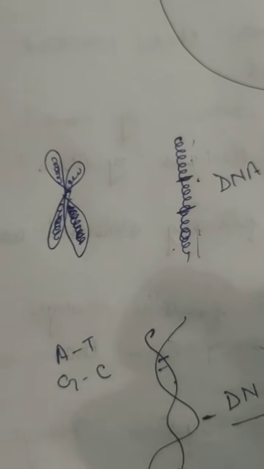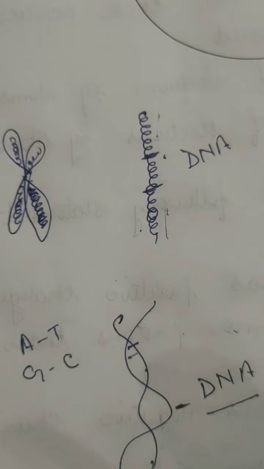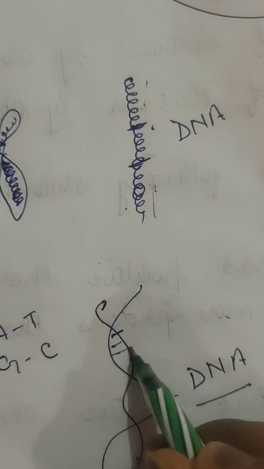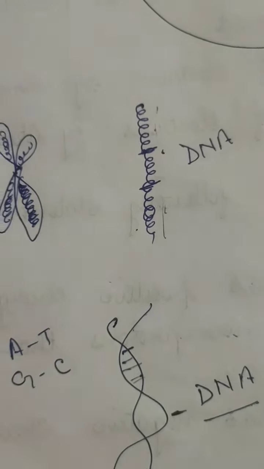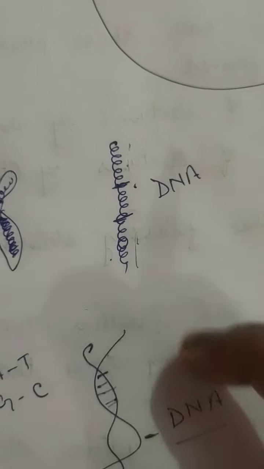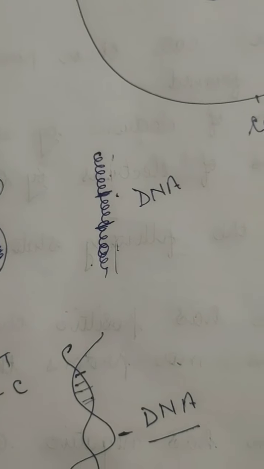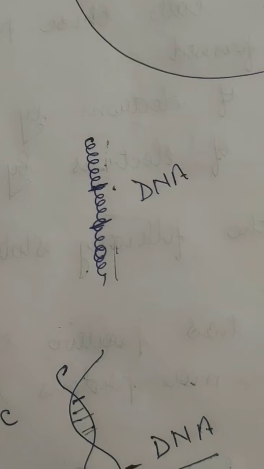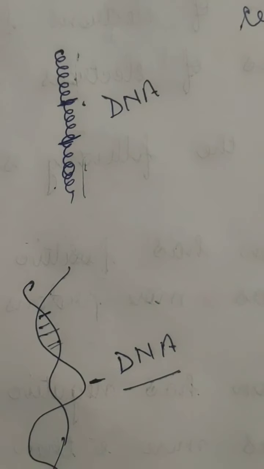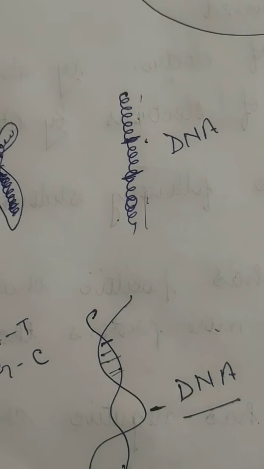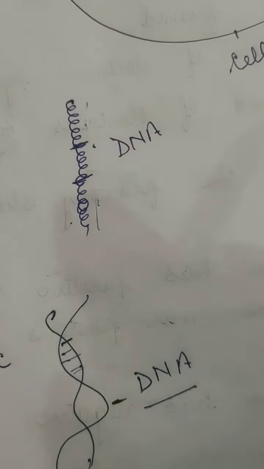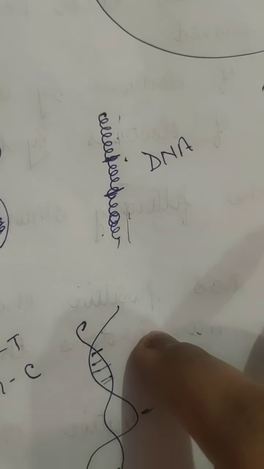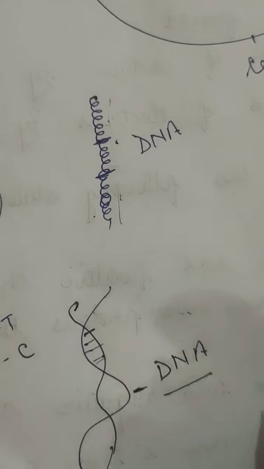So there is a pairing like this, and there are 10 base pairs in every helical turn. Now this DNA is functional, but the characteristics which we are talking about, a specific color of eye, hair color, height and all, that is the information which is present in the DNA in the form of genes. Okay, so genes are there.